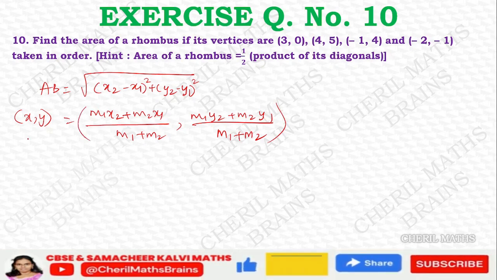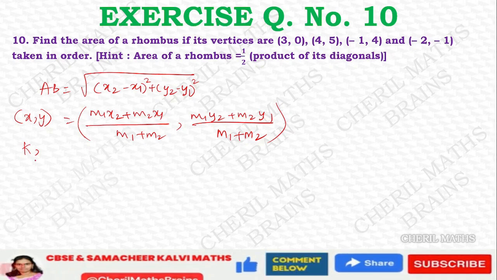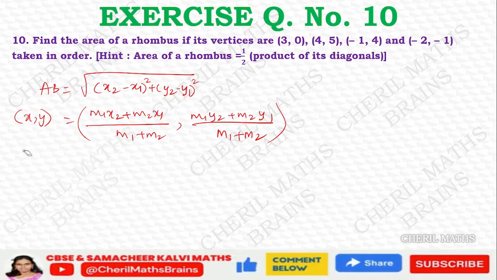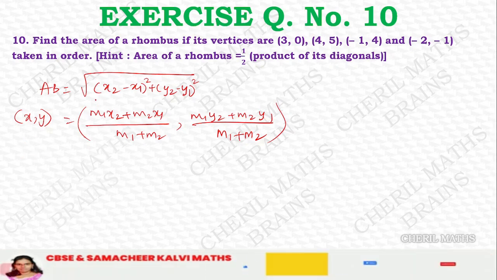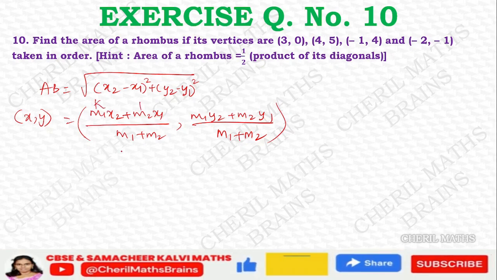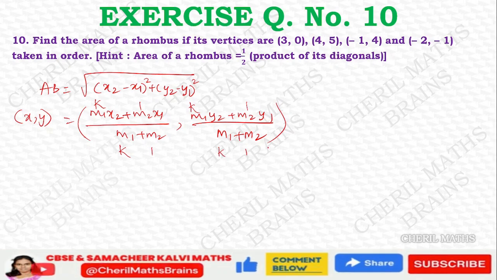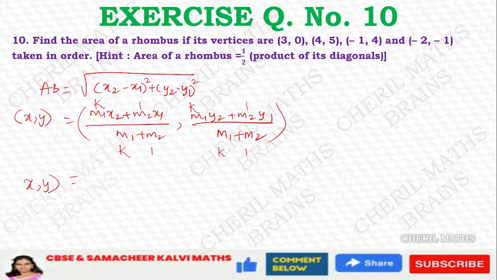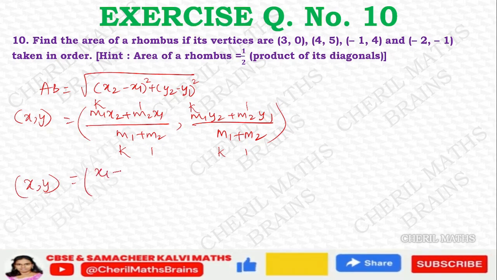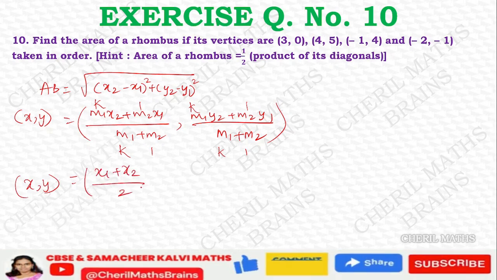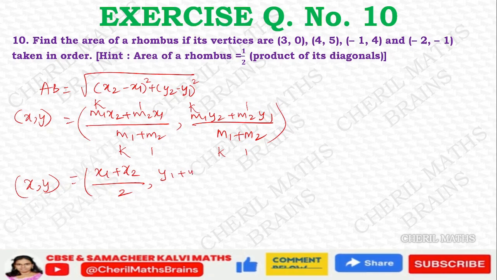Same thing for (x, y), you can have it with k is to 1, where you substitute the same formula: where you have m1 you will have k, and here you will have 1. And the next formula will be the midpoint formula. It will be ((x1 plus x2) by 2, (y1 plus y2) by 2).